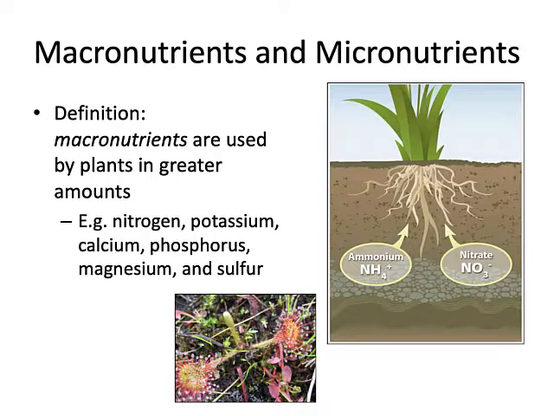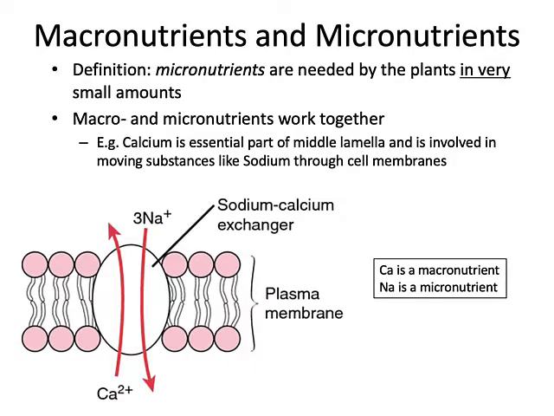Macronutrients are those nutrients that are used in plants in much greater amounts. The macronutrients include things like nitrogen, potassium, calcium, phosphorus, magnesium, and sulfur. Micronutrients, on the other hand, are needed in tiny amounts. Fractions of a percent are needed for metabolism to work.